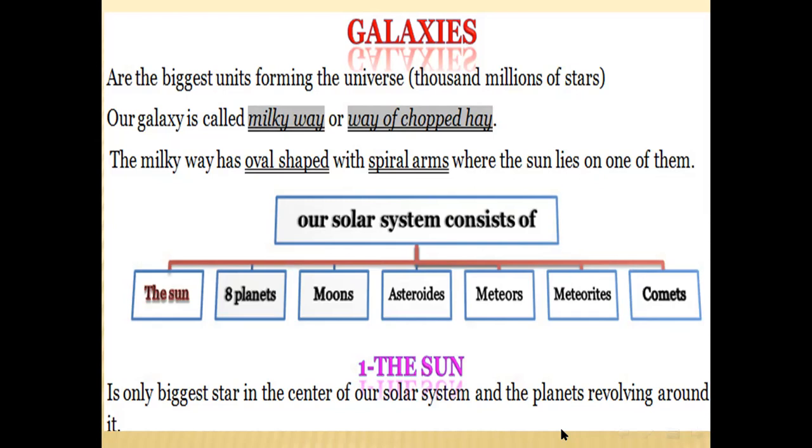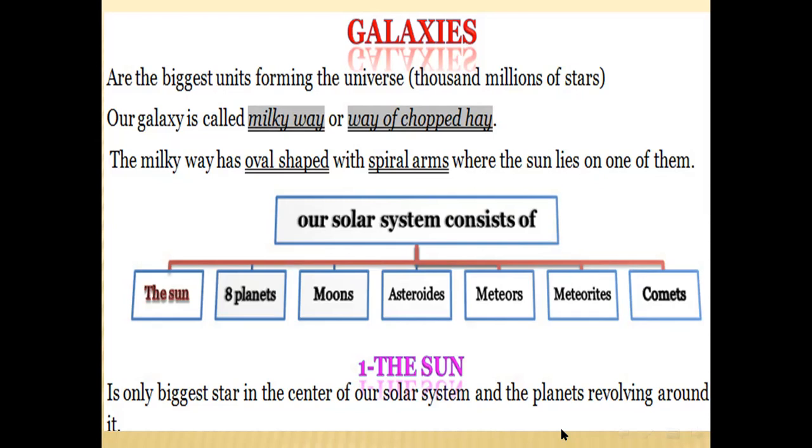The Milky Way is oval-shaped with spiral arms, where the sun lies on one of them. Our Milky Way is our galaxy where the solar system is found. Its shape is oval and it has 4 spiral arms. Our sun is lying at one of these 4 arms.